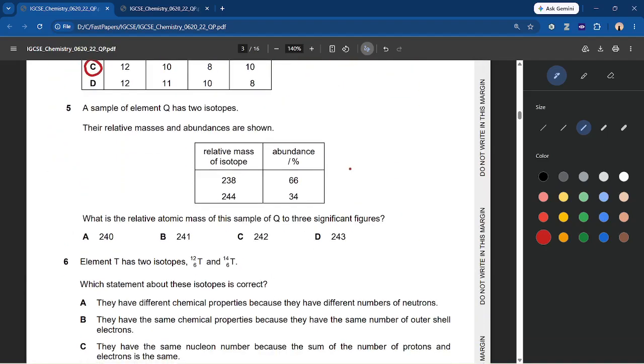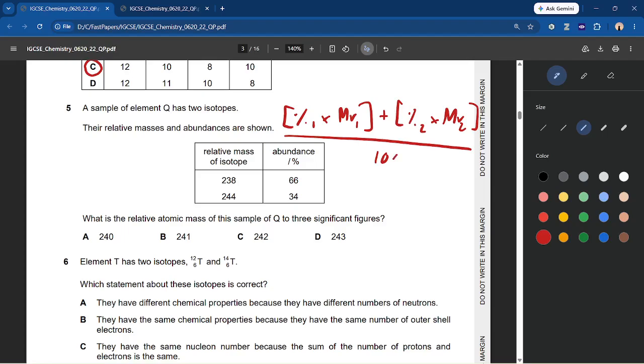All right, moving on. A sample of element Q has 2 isotopes. The relative masses and abundances are shown. Relative mass of isotope 238, and so on. What is the relative atomic mass of the sample? So the way this goes is your formula is going to be percentage of one of them times the MR of 1 plus percentage of 2 times MR of 2, and you're going to divide all of this by 100 to get the relative atomic mass, RAM.